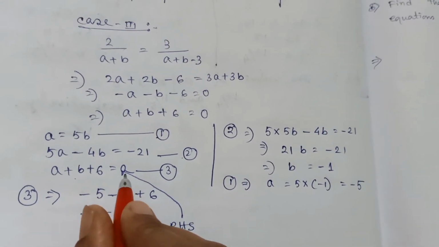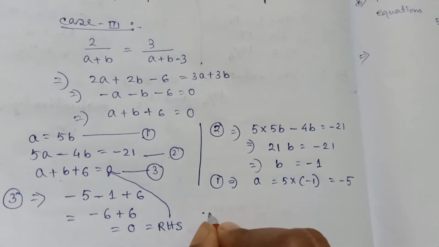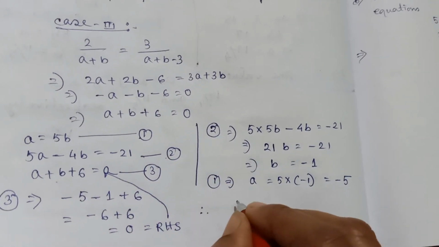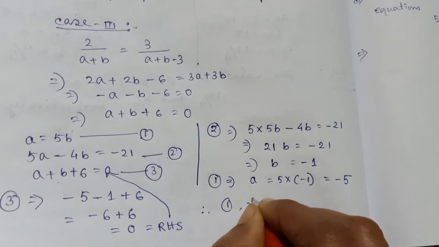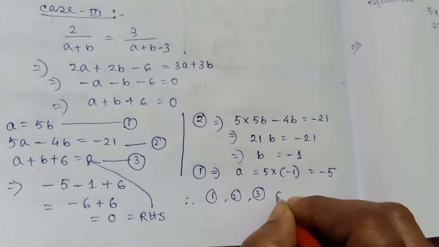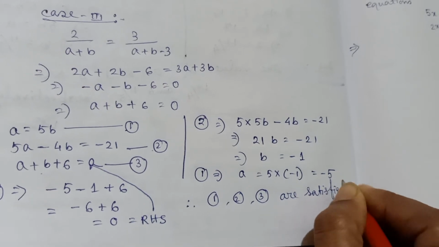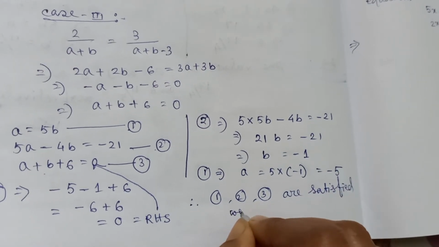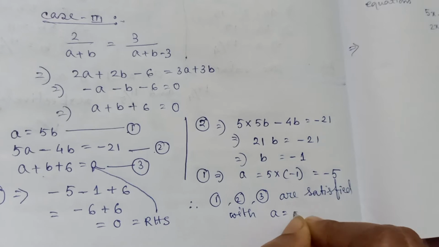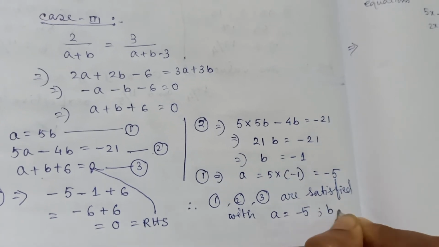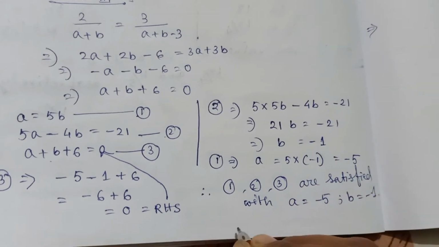So it is coming equal, that means as all three, number 1, number 2, number 3 are satisfied with a equals to minus 5 and b equals to minus 1.